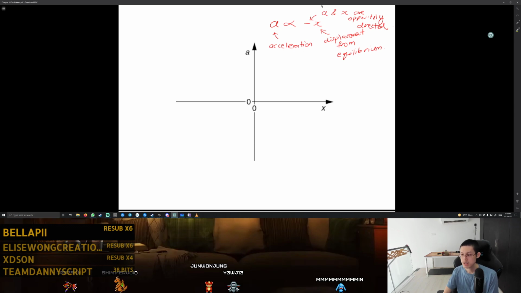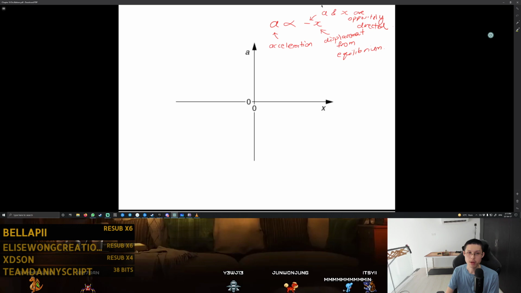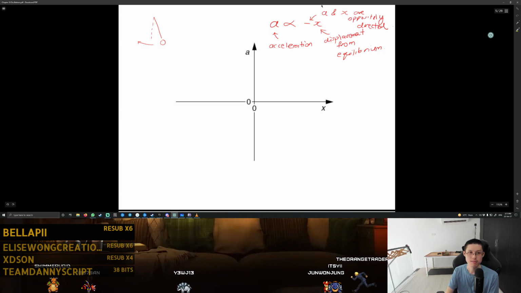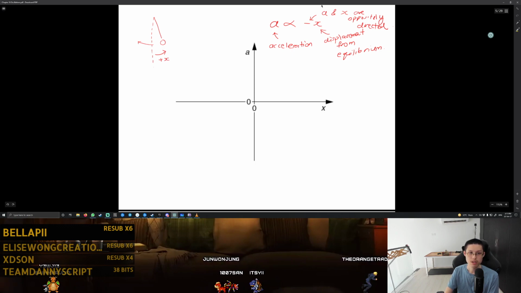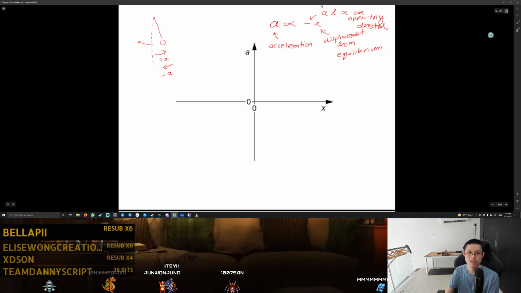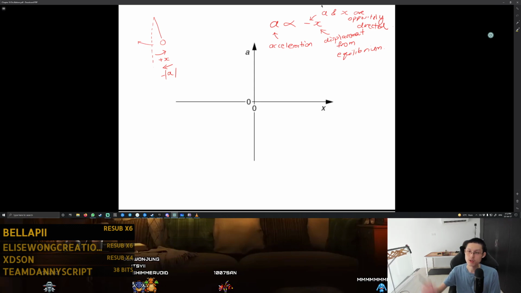For example, imagine you have a pendulum, right? And the pendulum starts oscillating backwards and forwards. You can see that, let's say at this particular position, the displacement is in this direction, plus x, but the acceleration is going to be this way, because it wants to go back to its original equilibrium position.